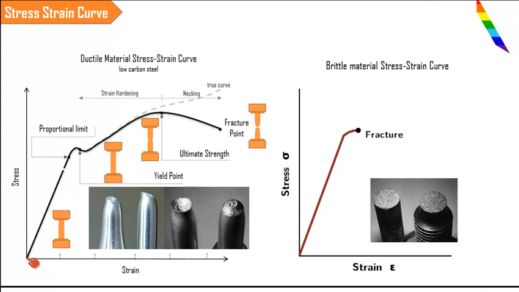When we start to load the material, slowly the stress and strain are going to develop, and gradually the stress and strain increase and reach a particular point. This point is called the proportionality limit. The proportionality limit is the limit under which the stress is proportional to the strain.